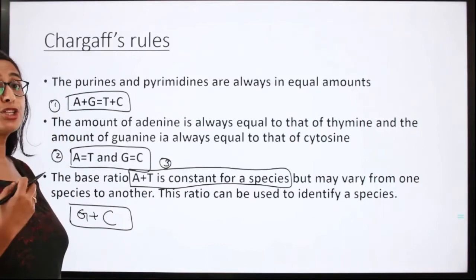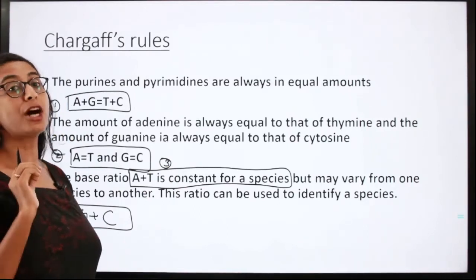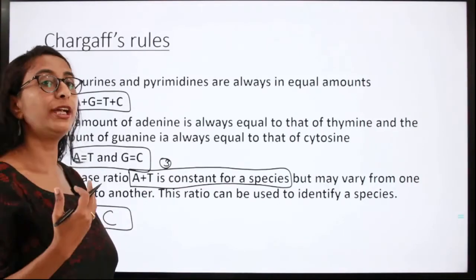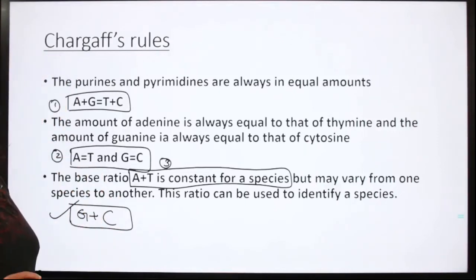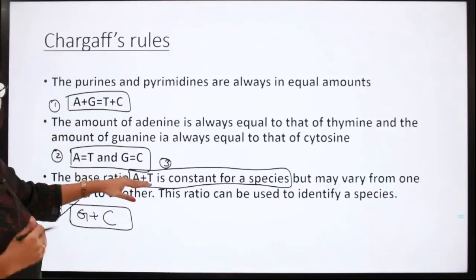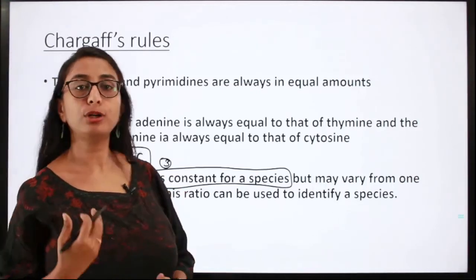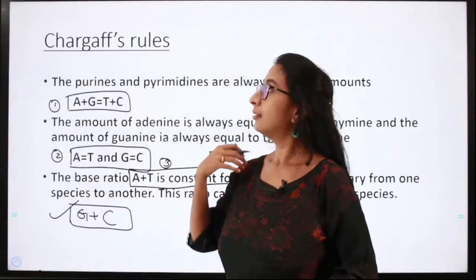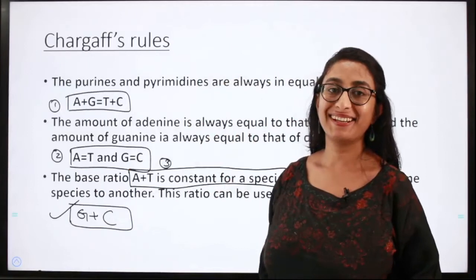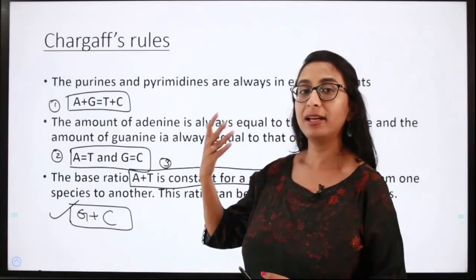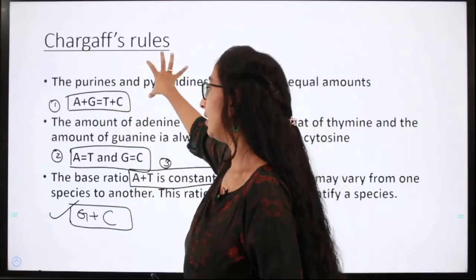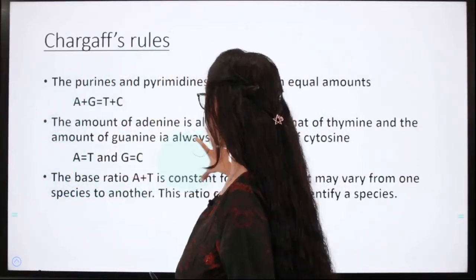So now if the question is, which is not a point in the Chargaff rule, then this will be the right answer, isn't it? Because all the above three are important rules of the Chargaff rules. Got it? So this is how you have to find out questions and answer it so that you do not get confused in the examination.